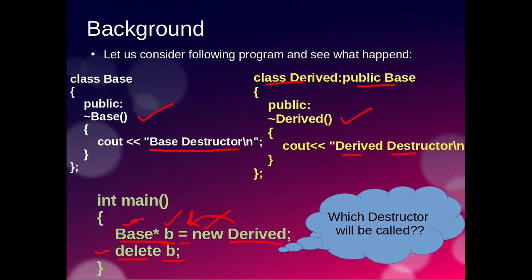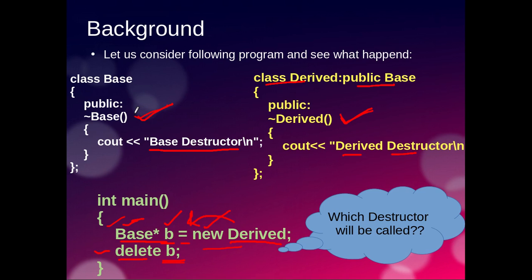Now the question is, which destructor will be called? The variable is of base type, and the base type has its own destructor, but the object is of derived type, which has its own destructor. So when we delete the variable b, which destructor will be called?